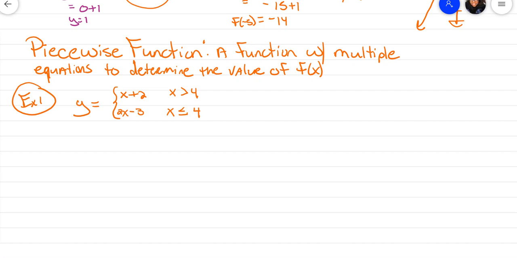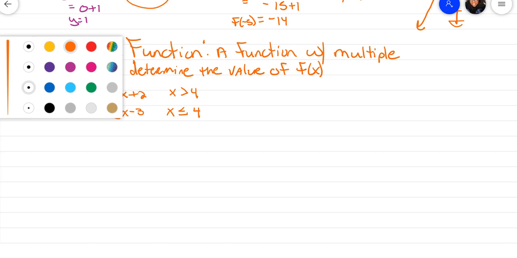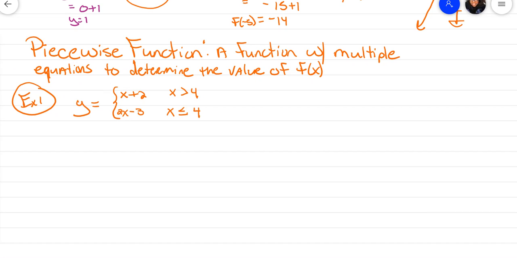Now, this is a piecewise function. There are 2 separate equations that determine y. The first one says x plus 2, and the other one says 2x minus 3. But you're only going to use them with the indicated values. I'm going to put an A here, and a B here. So if x equals 7, what is y?